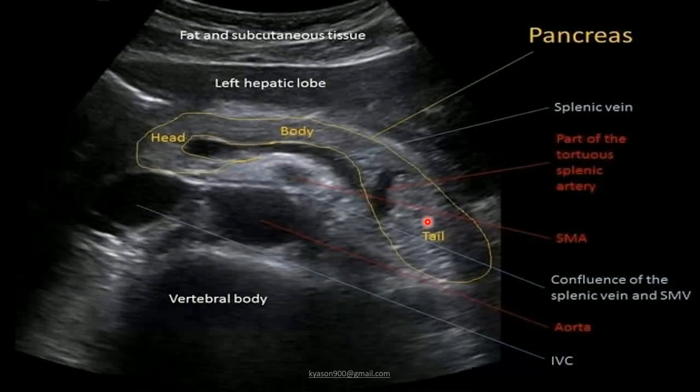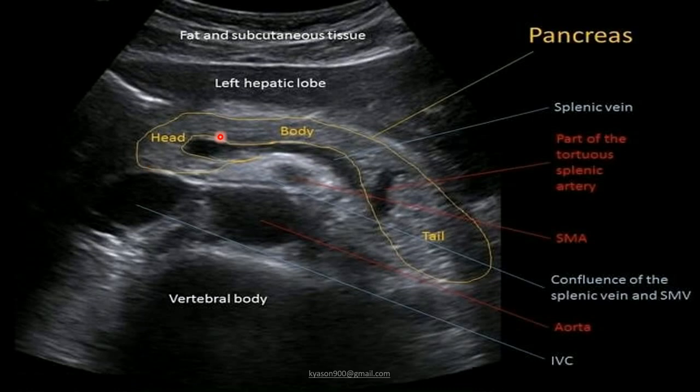We've mentioned already that behind the head, the obvious structure that can be appreciated is the IVC. Of course, we have other structures alongside the head, though here they are not labeled: the gastroduodenal artery around here, and then the common bile duct posterior to the head.